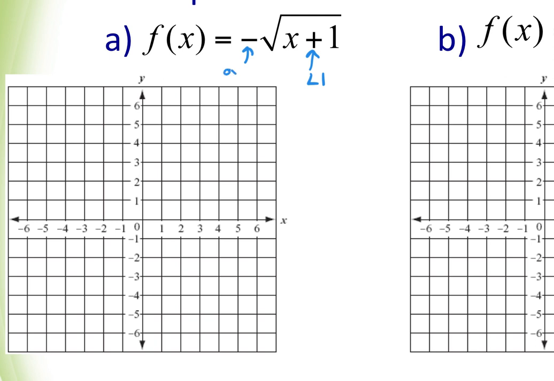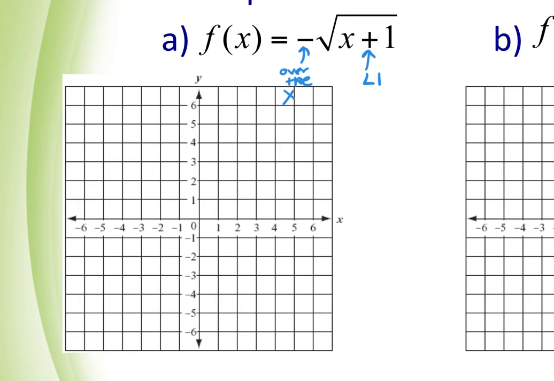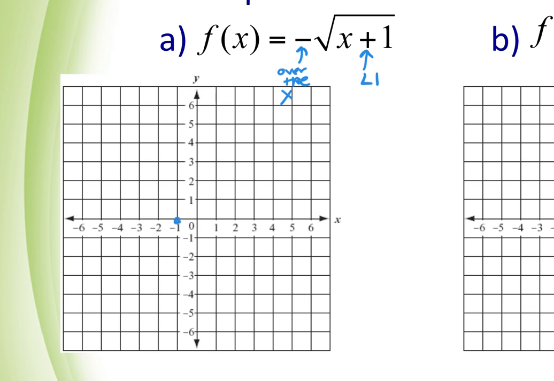Upside down or over the x. I'll take either. The language on this one would normally say reflected over the x-axis, but for this test, you can either put upside down or over the x-axis. So I'm going left 1, and instead of pointing it up and to the right, I'm going to point it down and to the right.